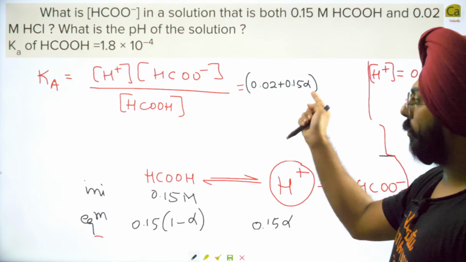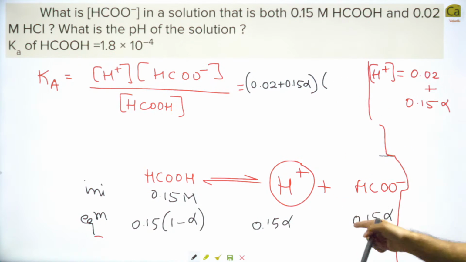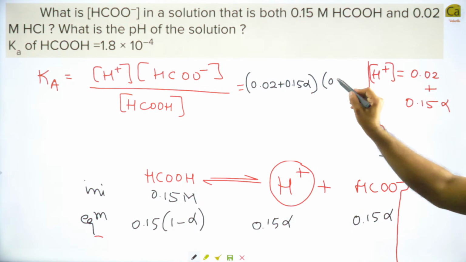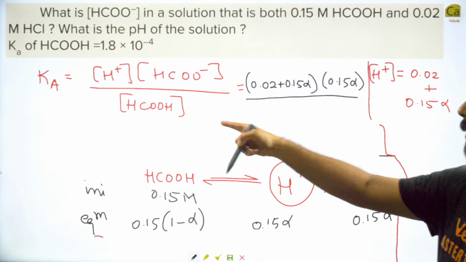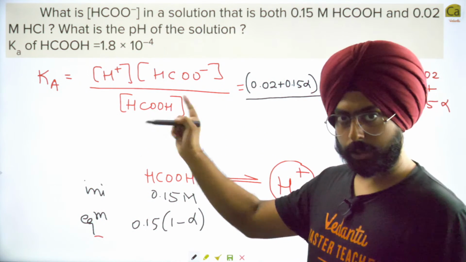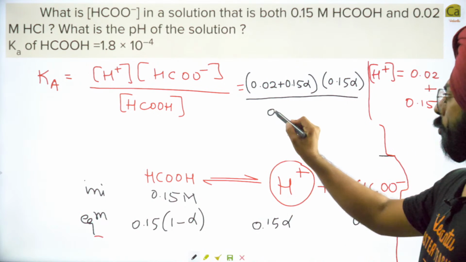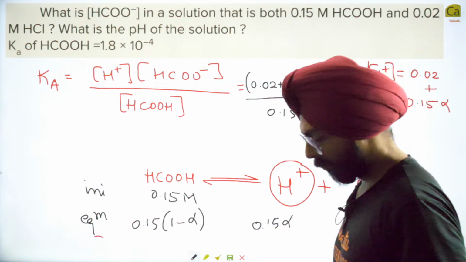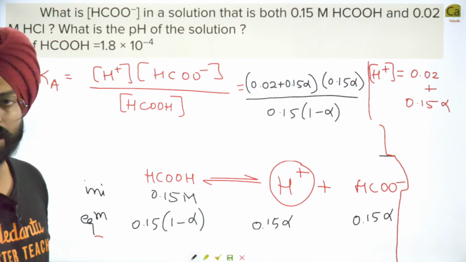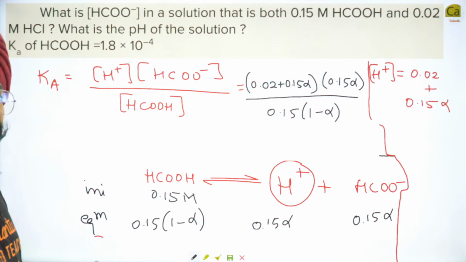This is the H positive concentration multiplied with the HCOO negative concentration divided by HCOOH concentration, that is going to be 0.15 into 1 minus alpha. Got it?